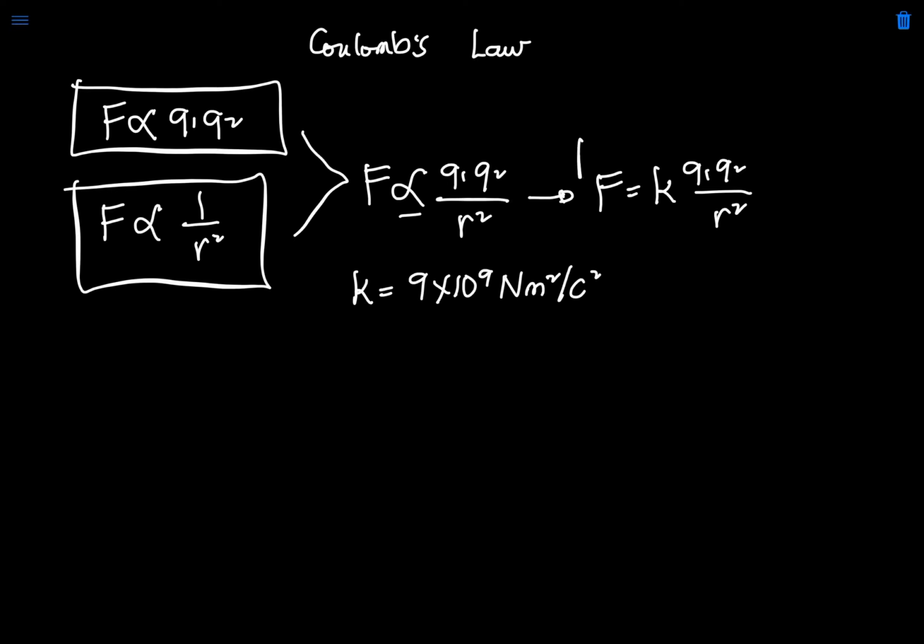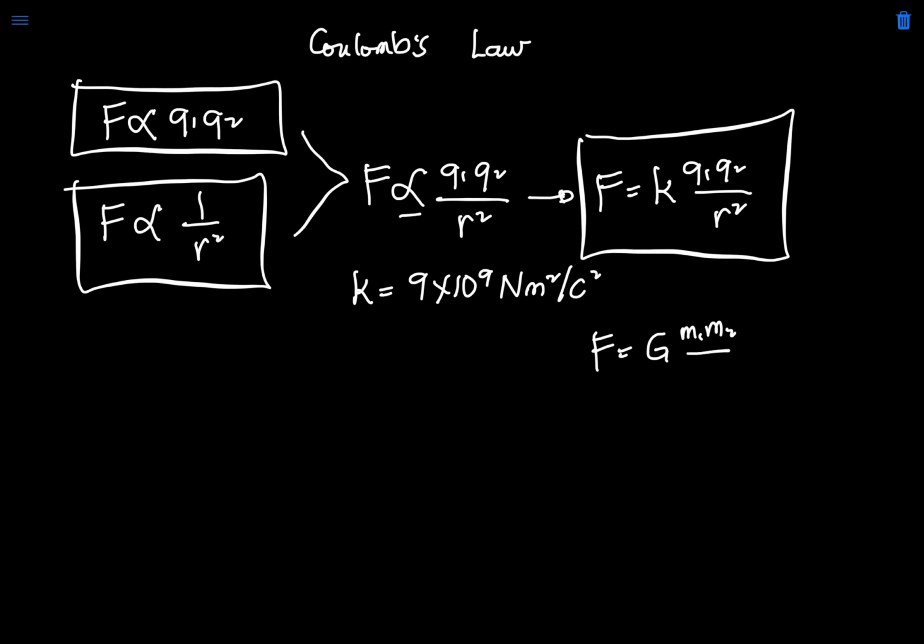And I know that this formula is familiar to you because we already discussed the universal law of gravitation, and the universal law of gravitation has the formula F is equal to G times m1, m2 all over r squared. Pretty similar, right?